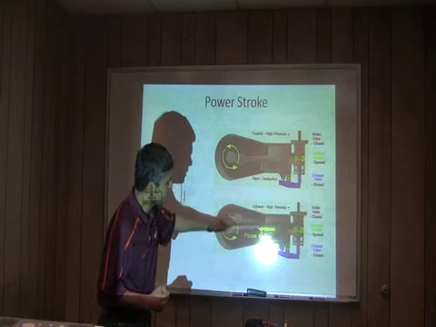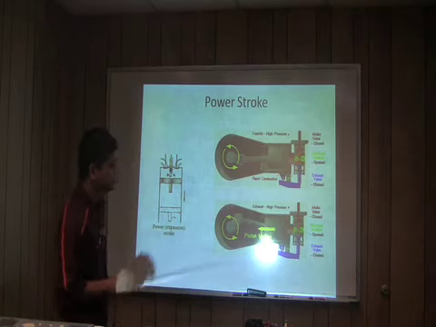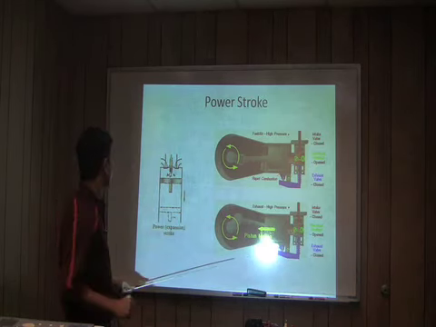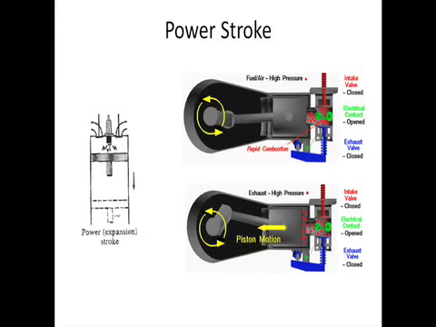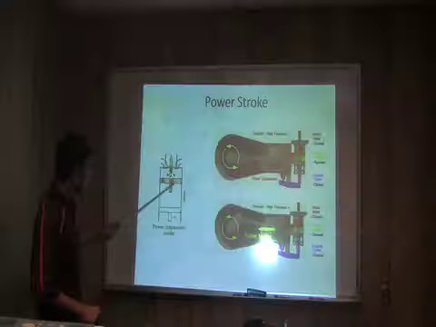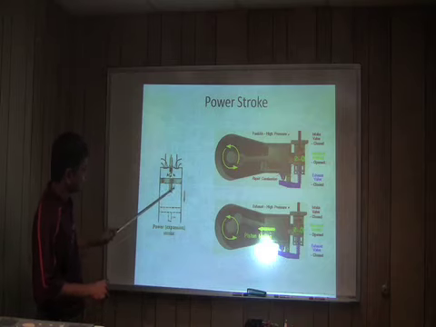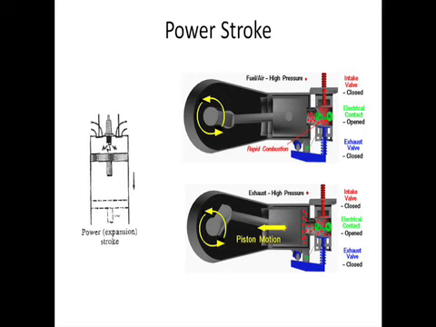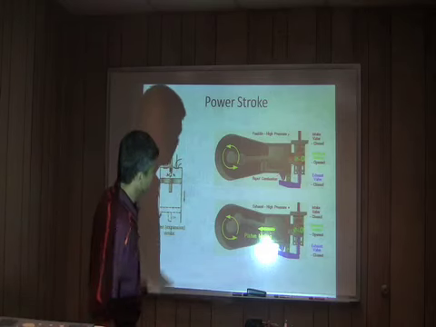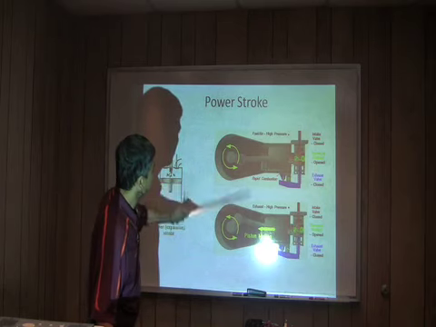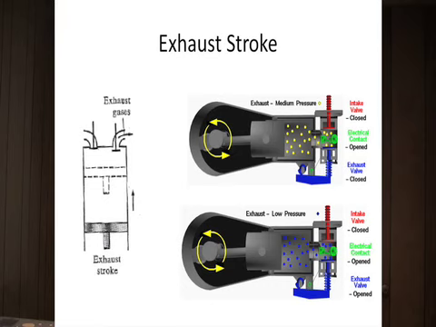And in this case, again, the intake valve and the exhaust valve are closed. That is, nothing is coming in and nothing is going out. And this shows you the spark plug right here, which is igniting the fuel air mixture. And this is called the power or the expansion stroke. That is, the air and fuel mixture is being expanded as it combusts all the way down. And these are the two parts of the power stroke.